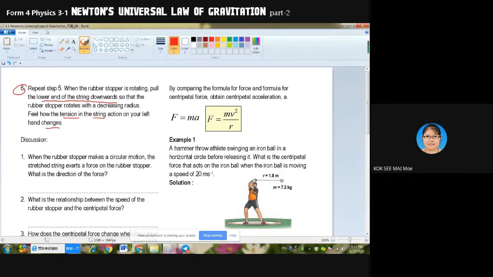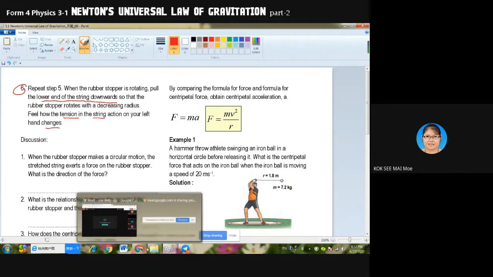When the rubber stopper makes a circular motion, the string exerts a force on the rubber stopper. So what is the direction of this force? The centripetal force, where does it go? All the tension, where did it go just now? When I showed the direction just now, can you see the diagram?